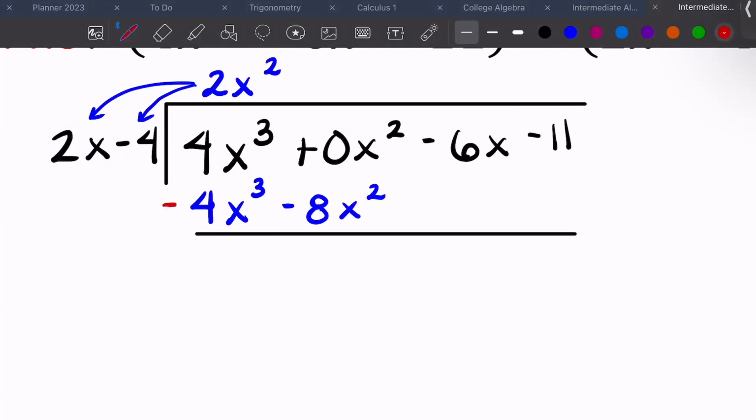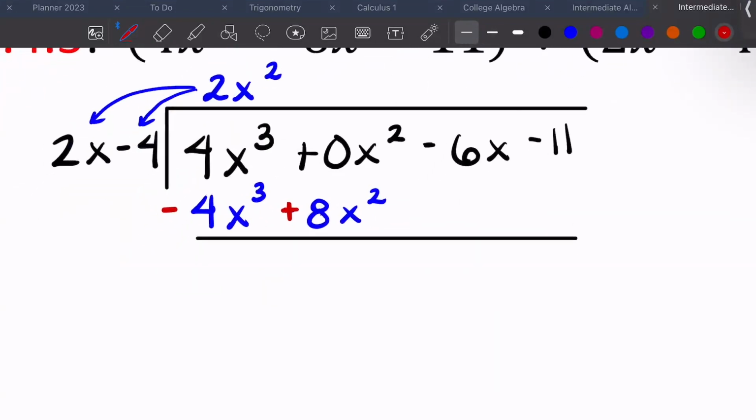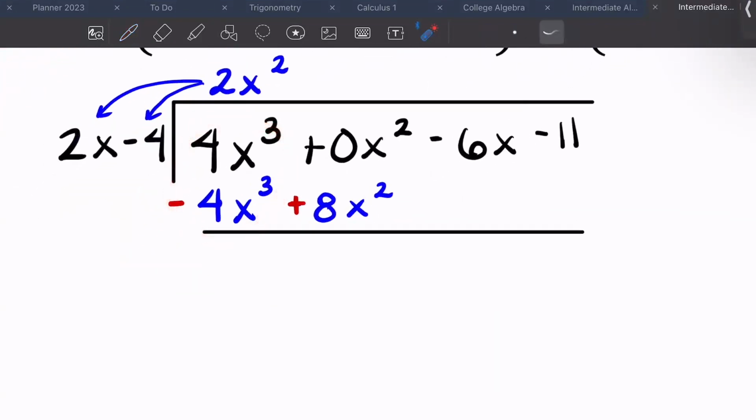Change our signs. Okay, we should get 0 here. And we're going to add down. Okay, nothing changed that it was 0. We're still adding down. And we get 8x squared. Bring the other one down. Do it all over again.